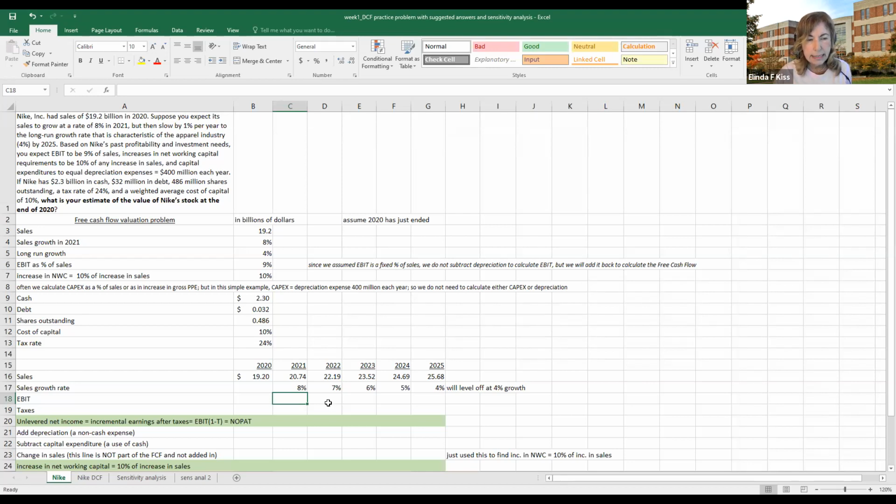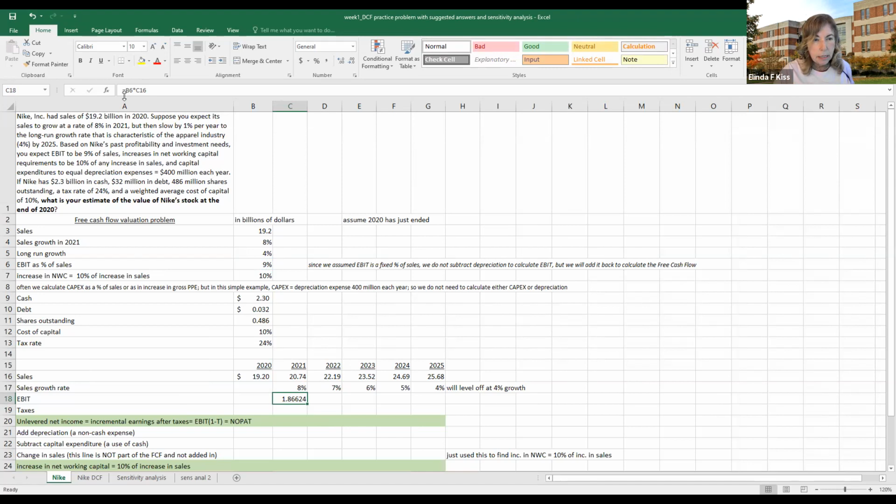And the first thing I need to do is calculate the EBIT. And I said it's going to be a fixed percentage, in this example, 9% of the sales. So I take B6, which is where I have my 9%, multiply that by the sales, and that gives me my EBIT for the first year.